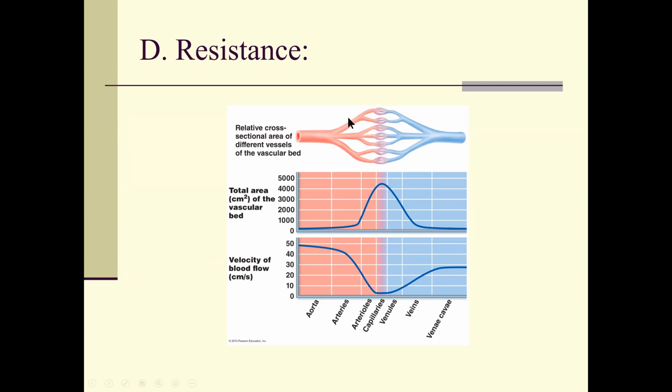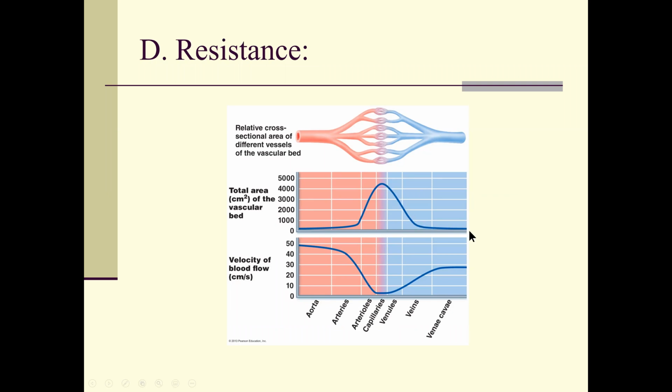Okay, and that is actually beneficial to us because that's where, as I started the lecture out, the work goes, where we do all the exchange, where the cells get nutrients and oxygen and amino acids and hormones and all the stuff that's made and transported, and they dump off waste and CO2 and stuff. We then have velocity of blood flow increase as the total surface area decreases.